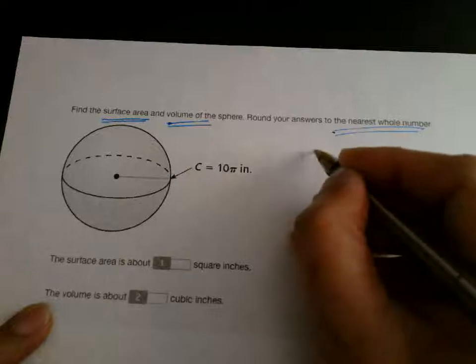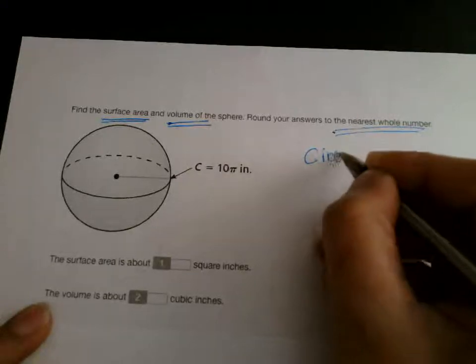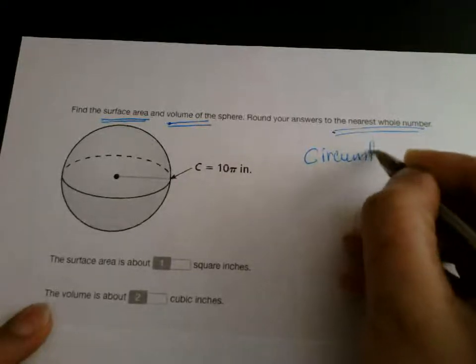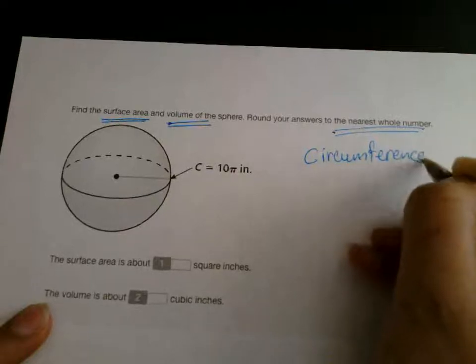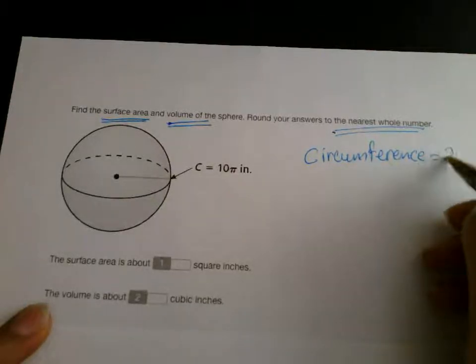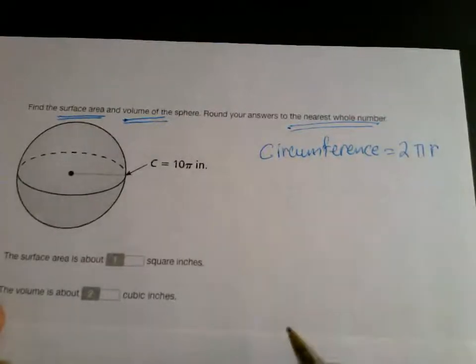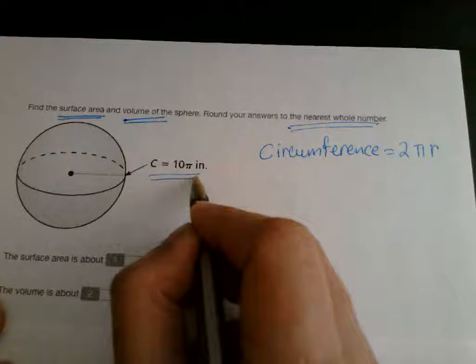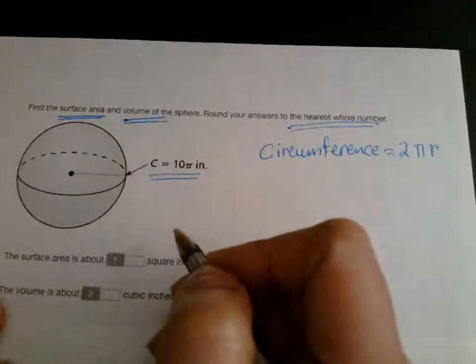And what is the circumference? Circumference is nothing but 2 pi r. And if circumference is given to us, can we find out r? Yes, let's try.